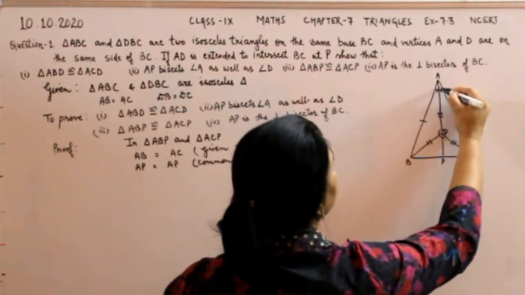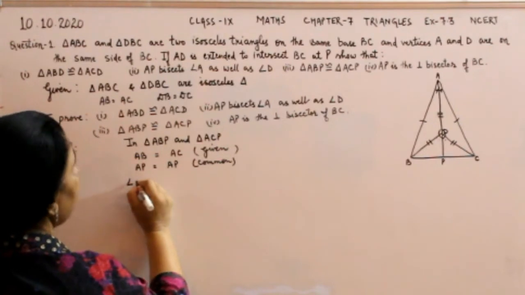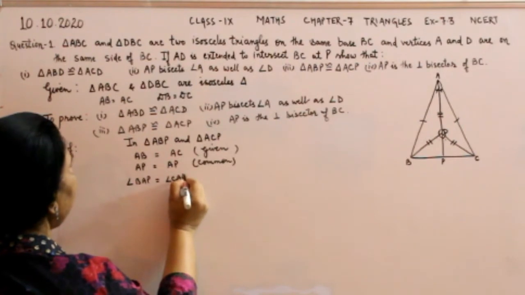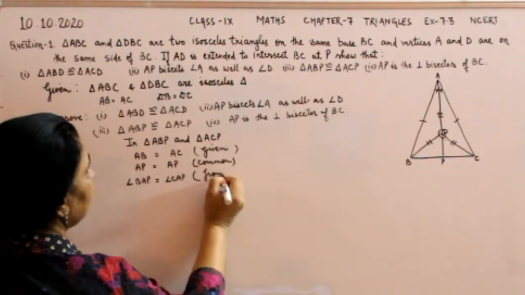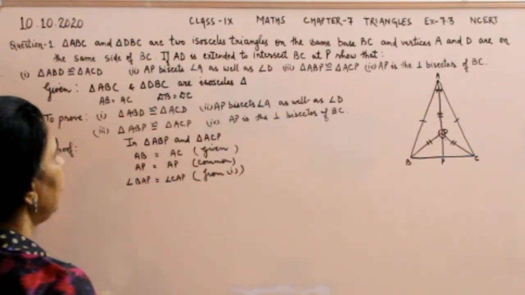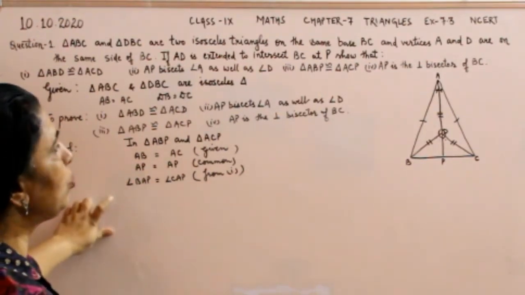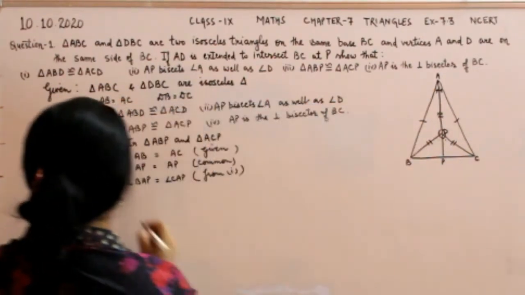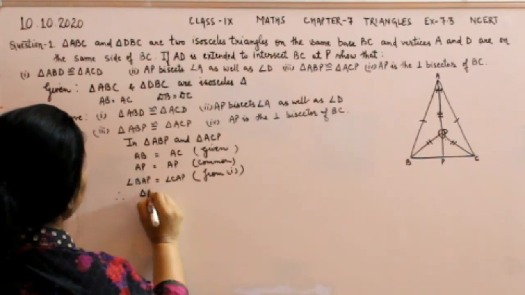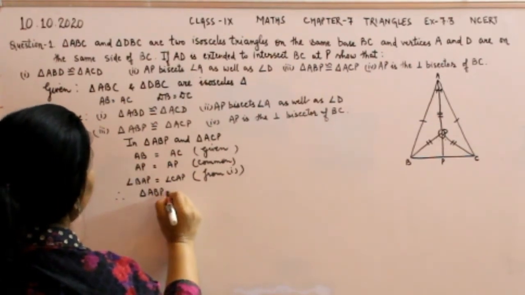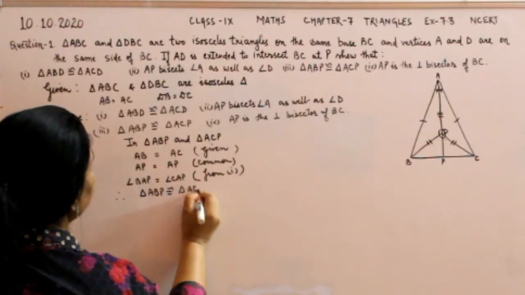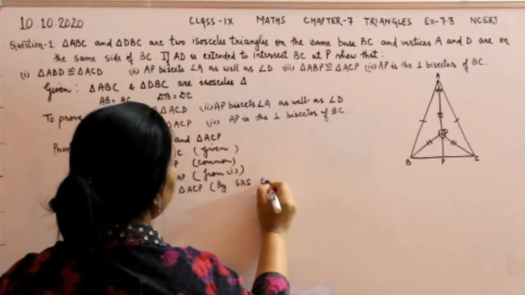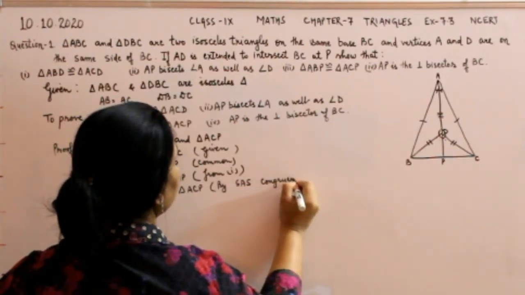And this angle is equal to this angle, that is angle BAP is equal to angle CAP, from the first we have proved. So these two triangles are congruent by side angle side. Therefore, triangle ABP is congruent to triangle ACP by SAS congruency rule.